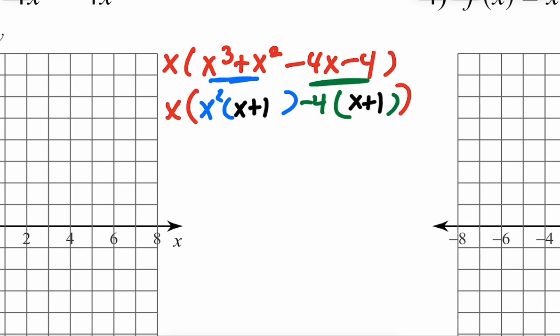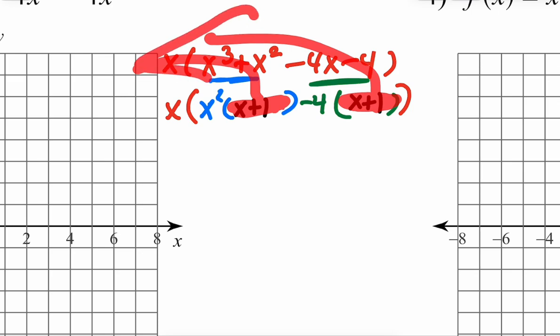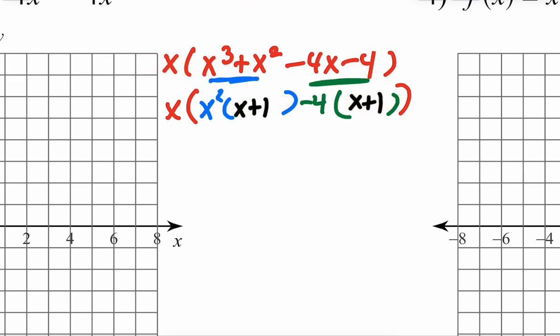Now, I know that grouping is successful if the inner parenthesis, that x plus 1, matches. That means it's going to be something I can take out. So it means that this stuff is a factor that I can remove. It's a thing, it's a factor, it's a y, it's an x, it's an m, it's a thing.